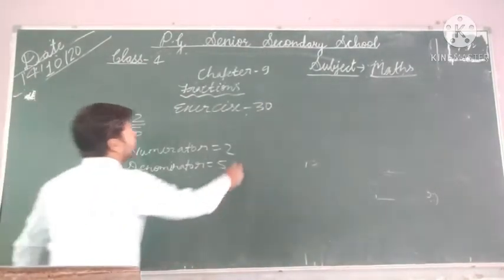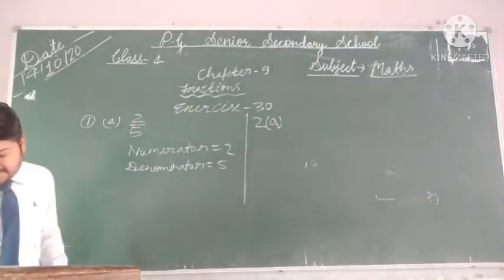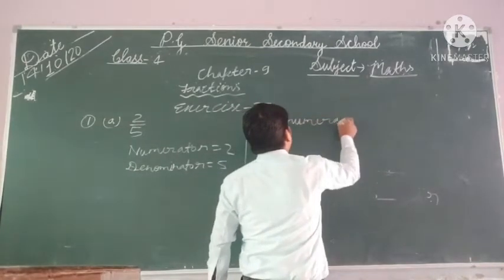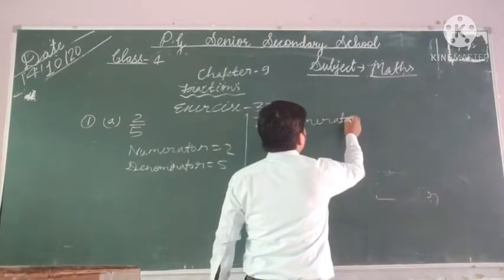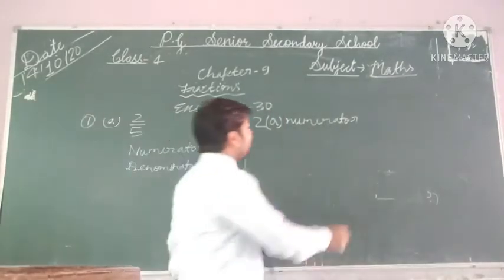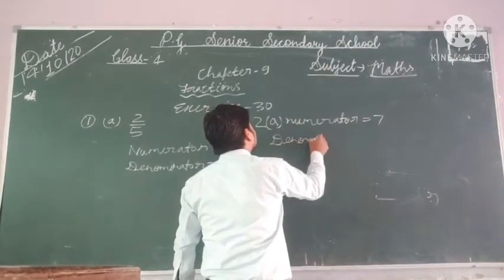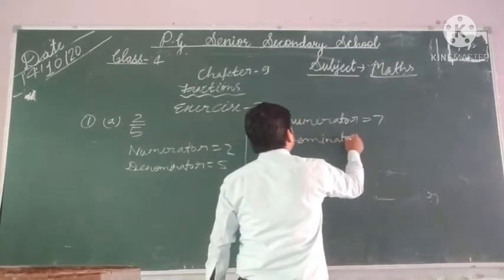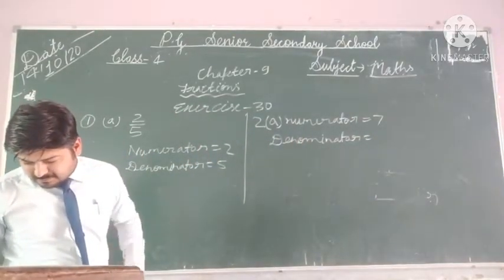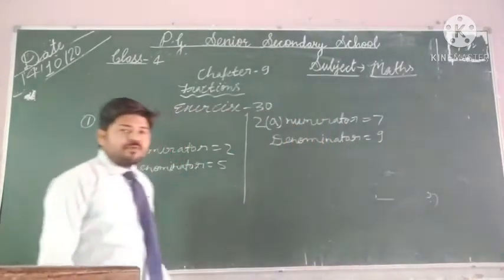Second question. In the second question it is given numerator equal to 7 and denominator equal to 9. Now you have to write the fraction.